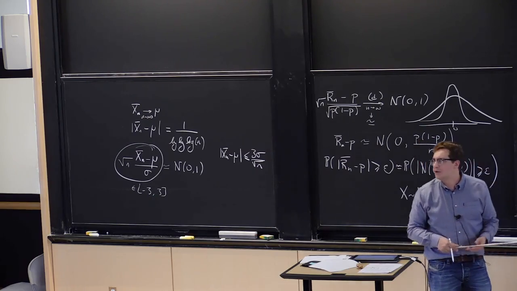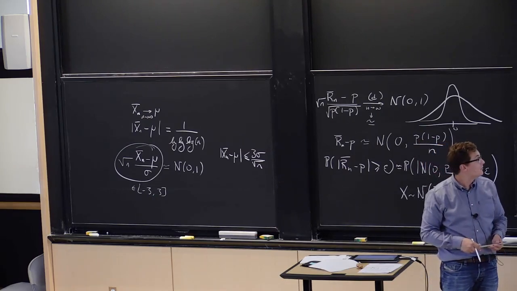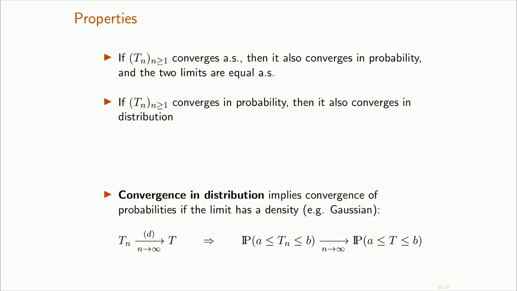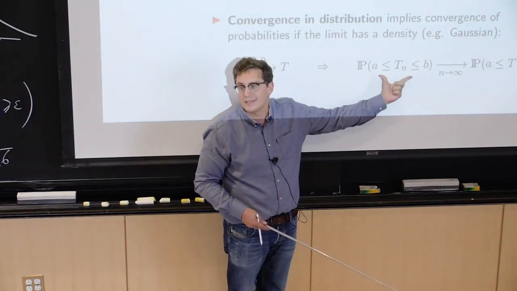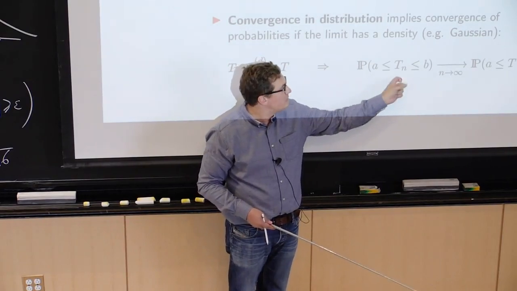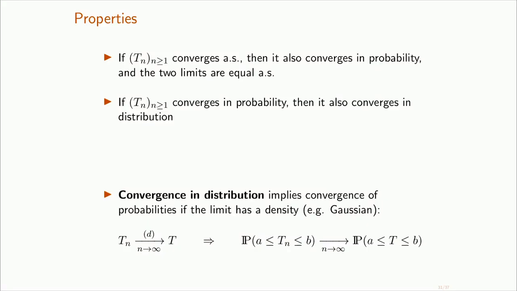And if you forgot, just pull out one of your Deutschmark notes. Essentially, what it says is that if I have Tn converging to T, then I can compute probabilities of being in some interval, and from there, I can compute any probability I want. And it says that when I compute probabilities for Tn, they're going to converge to the same probabilities that I compute for T. And we have done that, say, right here.